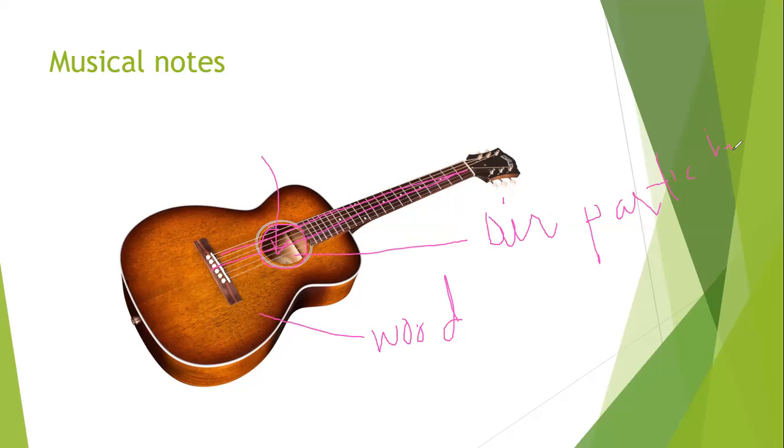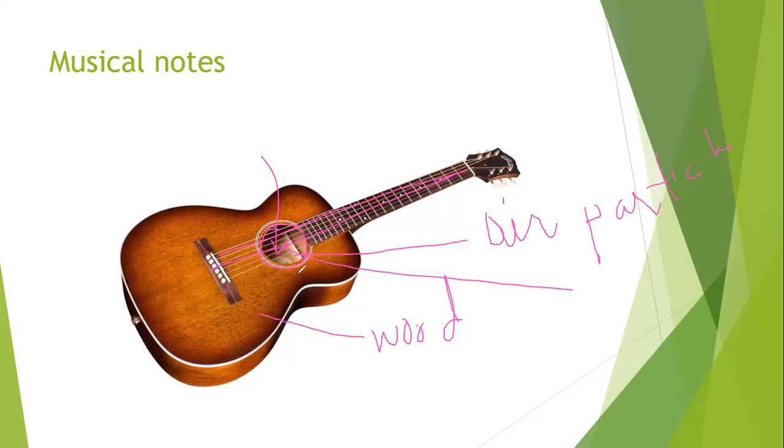As you are vibrating the string, due to that string vibration, air particles vibrate. And when the air particles in this sound box start vibrating, they will produce some sound. And that is very interesting and very soothing when you vibrate the string properly.